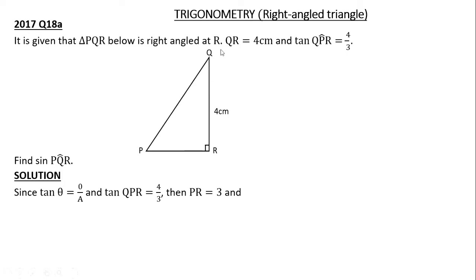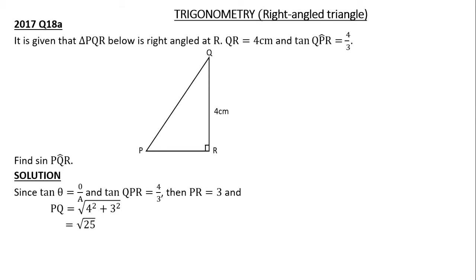So PQ squared should give us 3 squared plus 4 squared. When you square, PQ squared gives 4 squared plus 3 squared. Introduce the square root on both sides. Our PQ will be equal to the square root of 4 squared plus 3 squared.